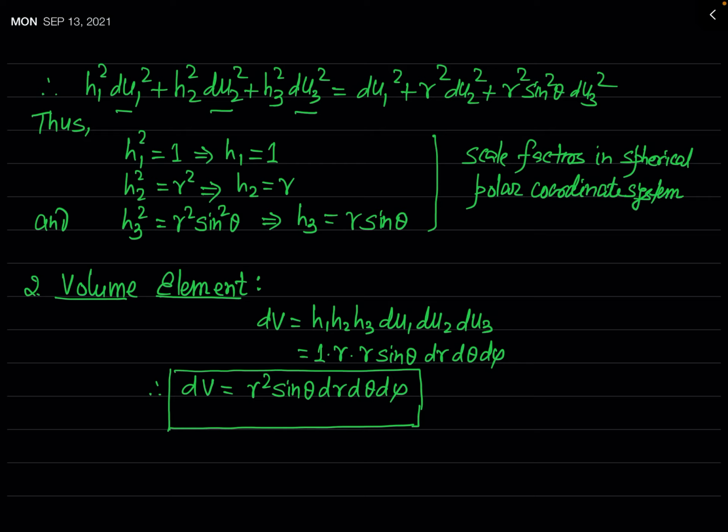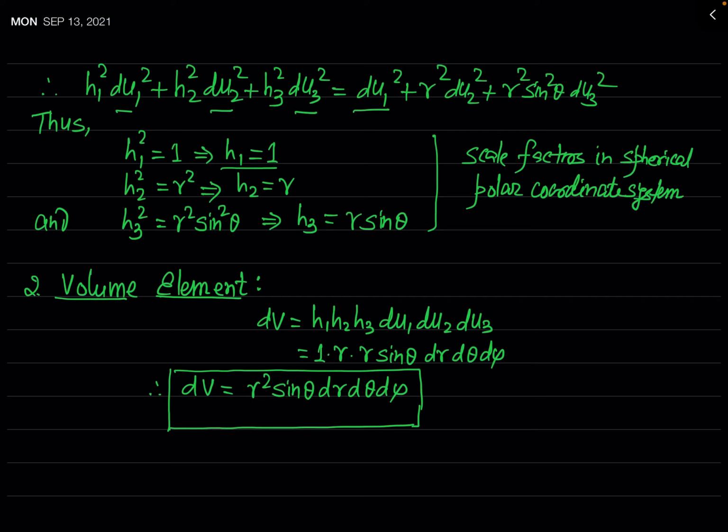You can see the coefficient of du1 square in LHS is h1 square, but the coefficient of du1 square in RHS is 1. So you can write h1 square equal to 1, and if h1 square is 1, you can simply say that h1 is equal to 1. So the first scale factor is equal to 1 in spherical polar coordinates.